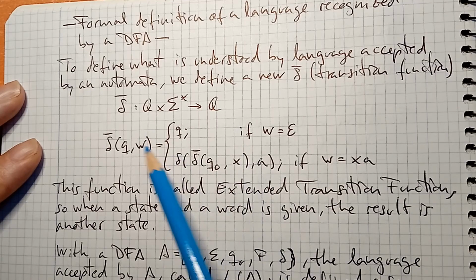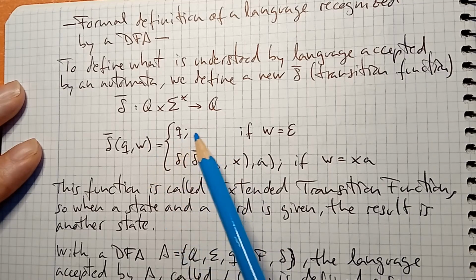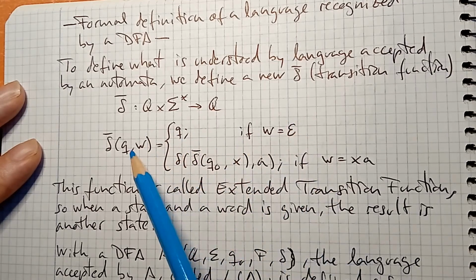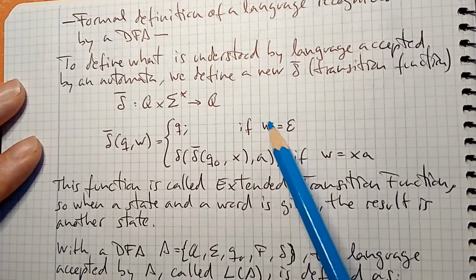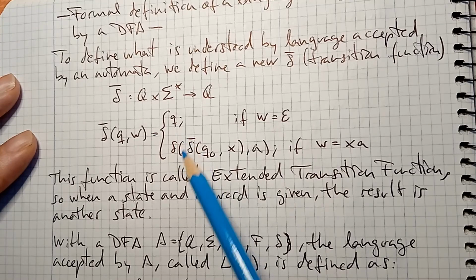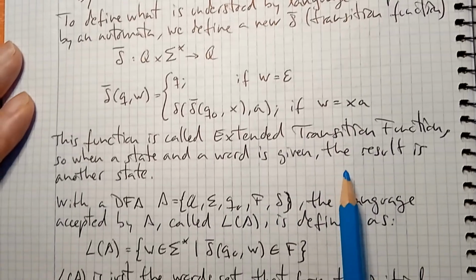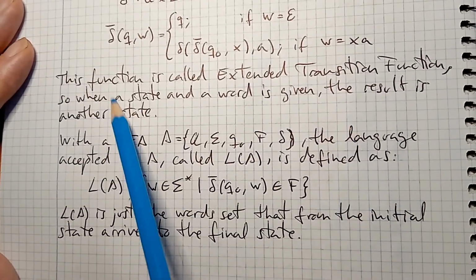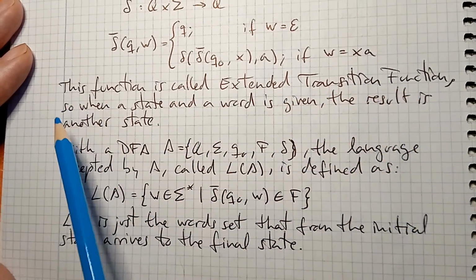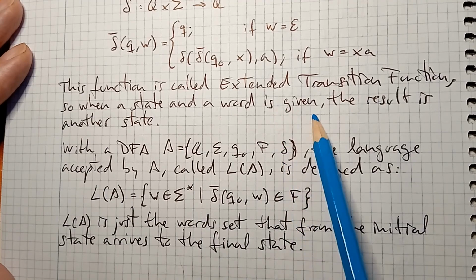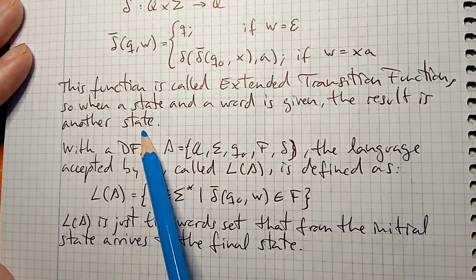Only if the word is empty, we remain in the same state. This function is called the extended transition function.